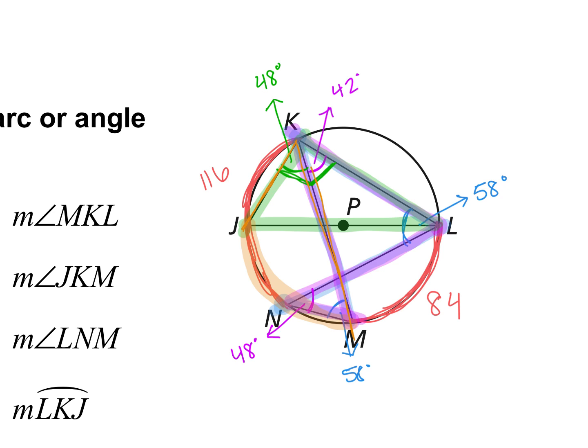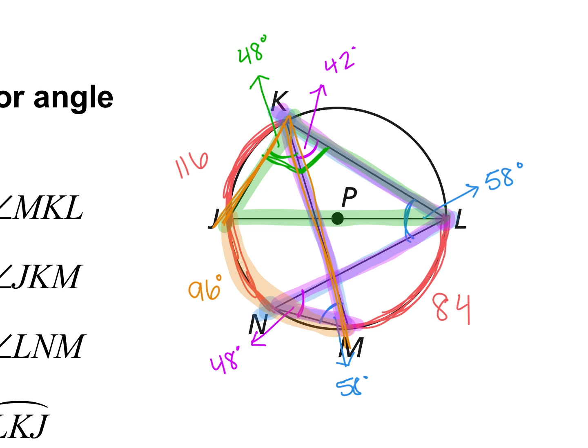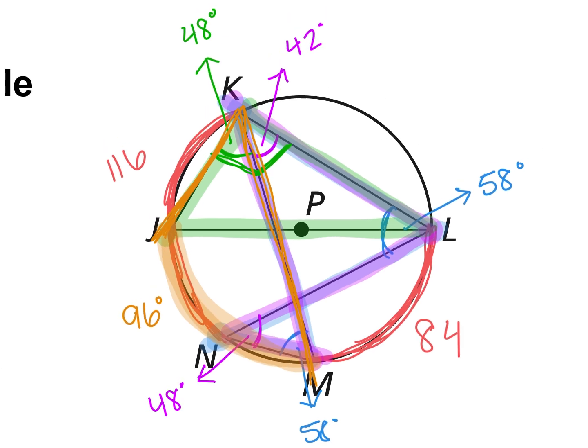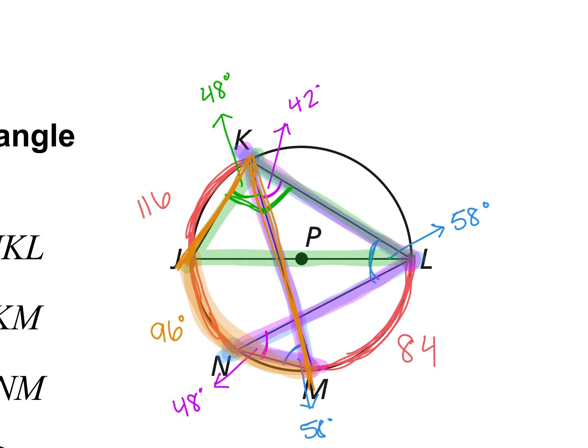Because this is 48, I can find my arc. And how would I find that arc? Times 2. 48 times 2 is going to give me 96. Okay, so let me zoom in. Right here in orange is the angle for my arc in orange. So now this is all that I'm able to find. This is all the information I should have.